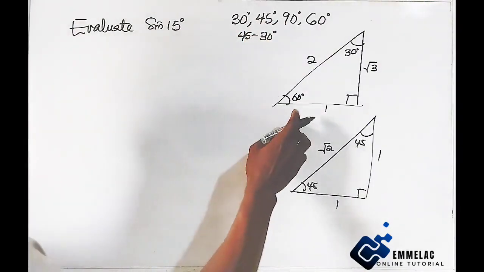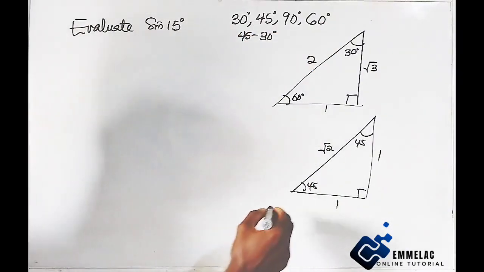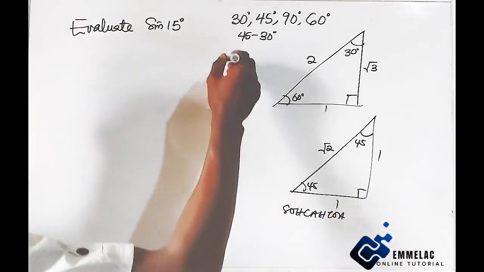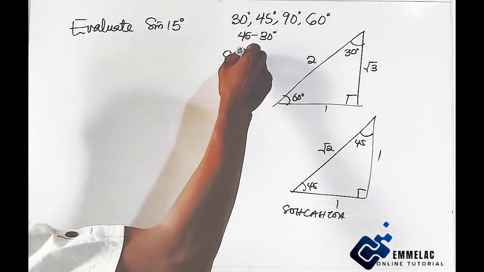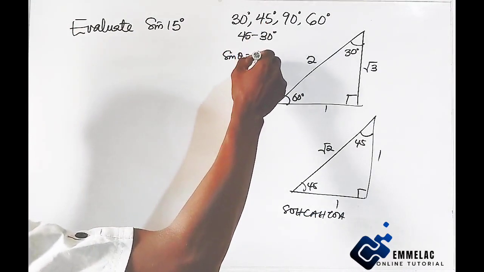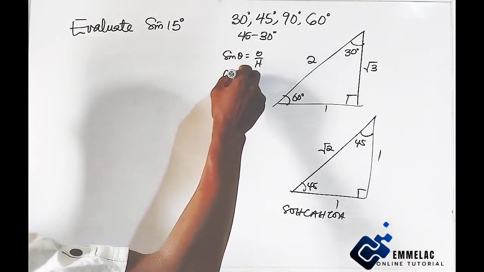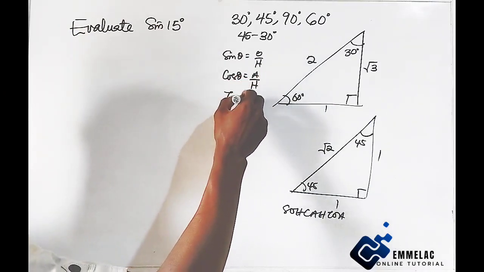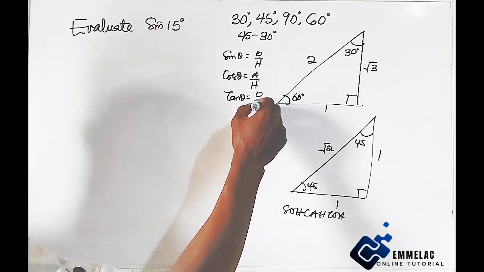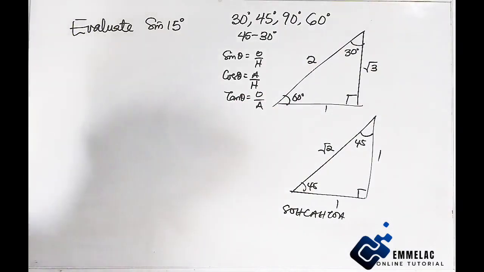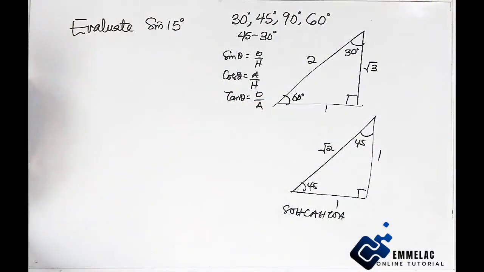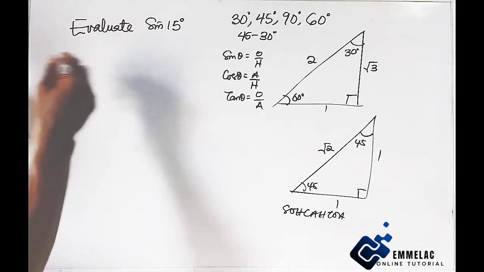From here, using SOHCAHTOA, sine theta gives us opposite over hypotenuse, cos theta gives us adjacent over hypotenuse, then tan theta gives us opposite over adjacent. Following this rule, we should be able to evaluate sine 15.